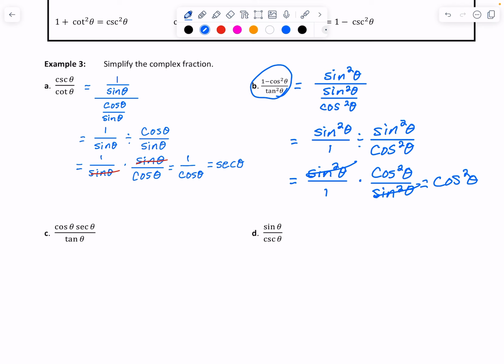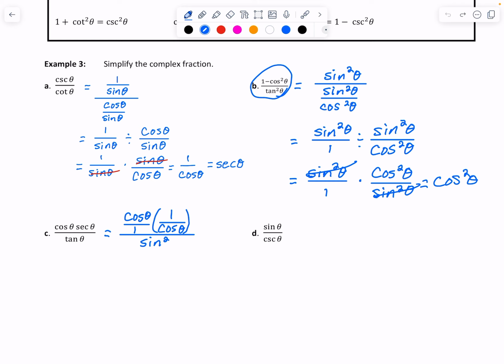Right? Problem C here. So I'm going to change everything to sines and cosines. So the top will be cosine theta over 1 times 1 over cosine theta, and then over sine squared theta.